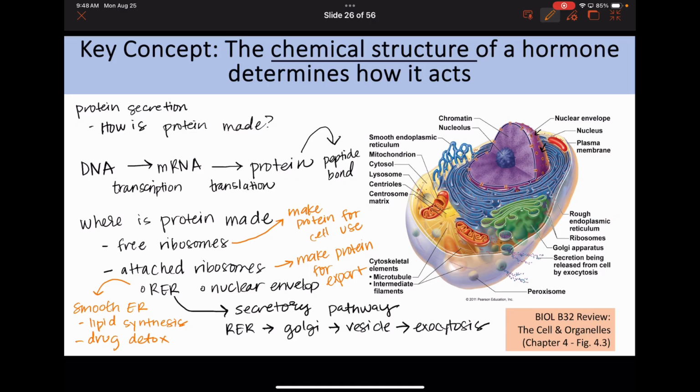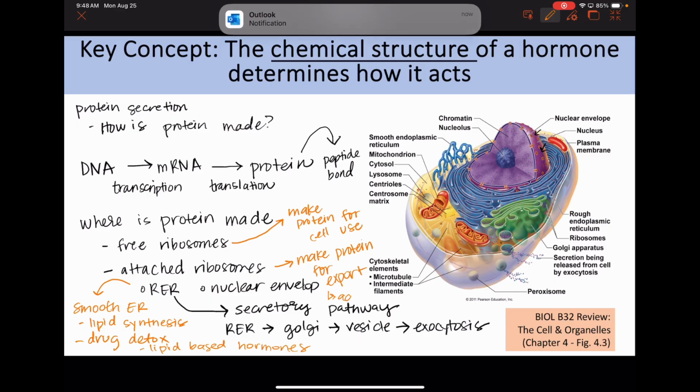So our smooth ER makes the lipid-based hormones, while our attached ribosomes make the amino acid-based hormones. But we'll talk about that more.